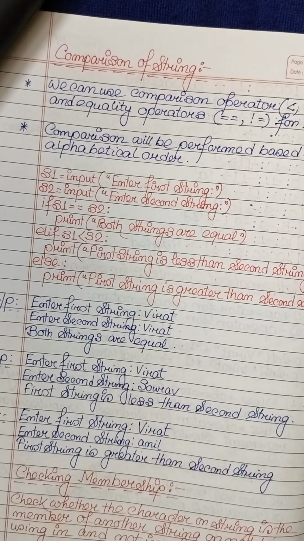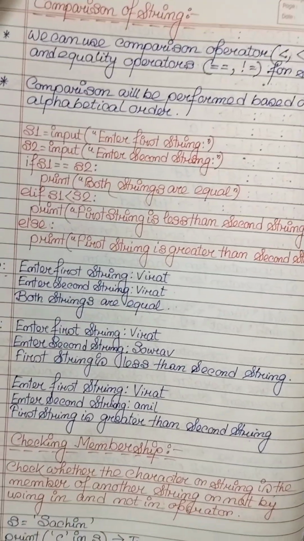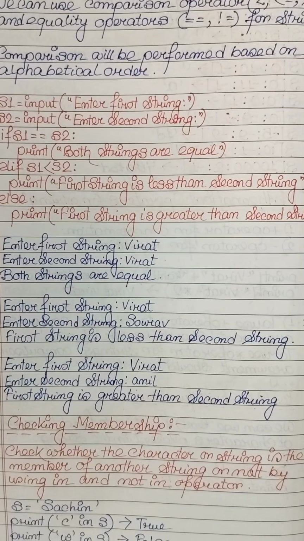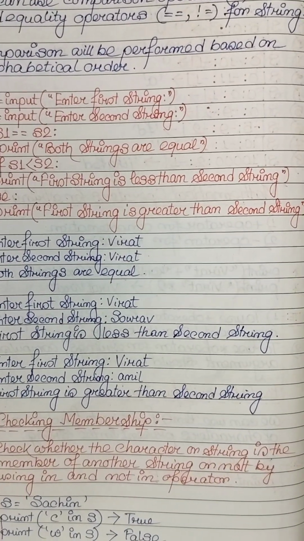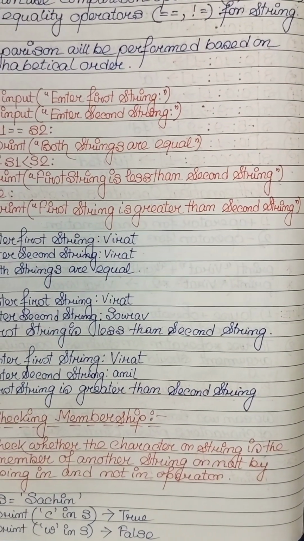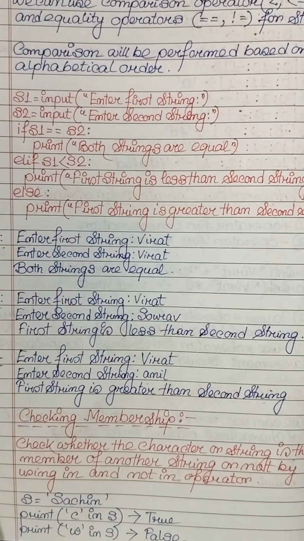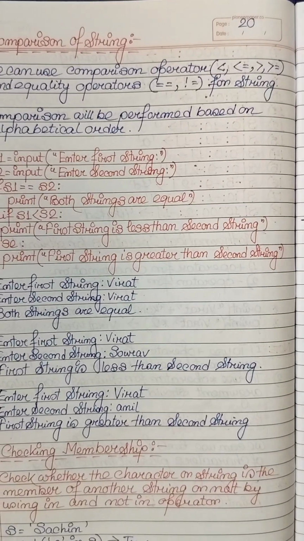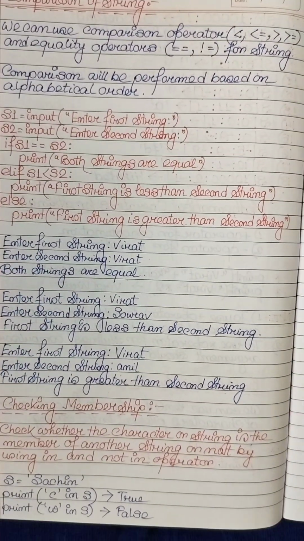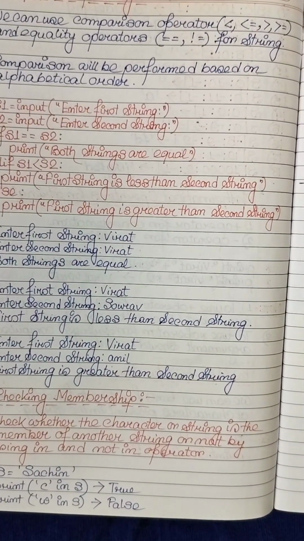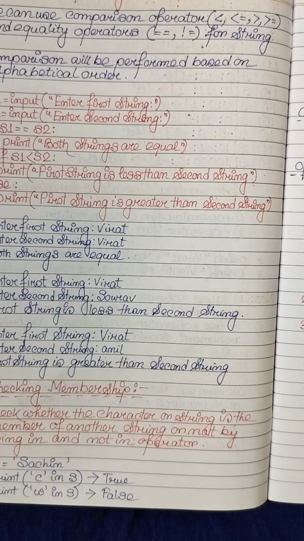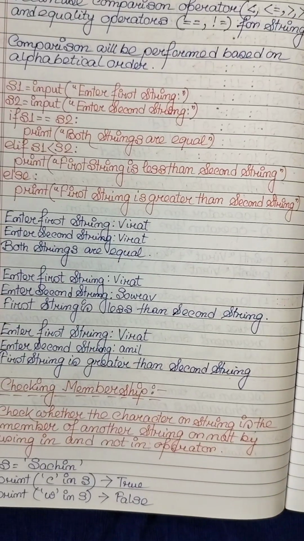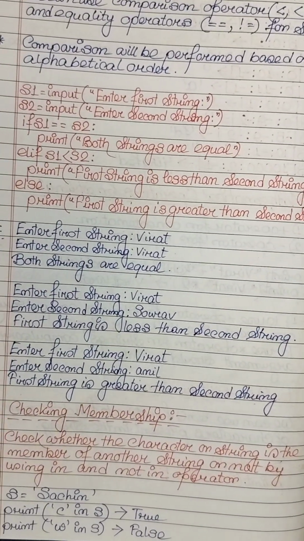The next is elif S1 less than S2, that means whatever string is present in S1 is less than S2, print first string is less than second string, else print first string is greater than second string. Here if, elif and else are working.